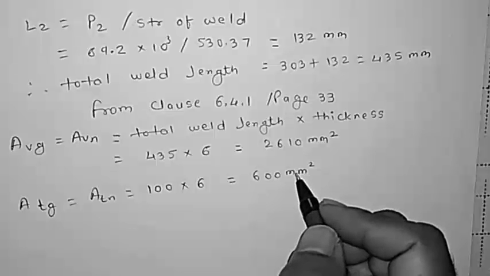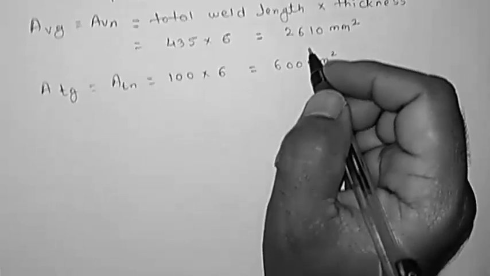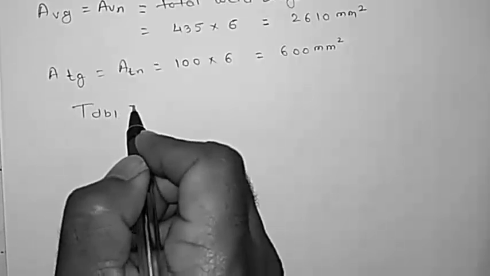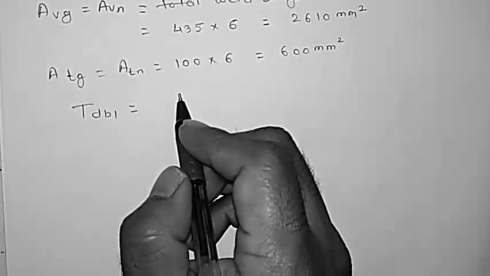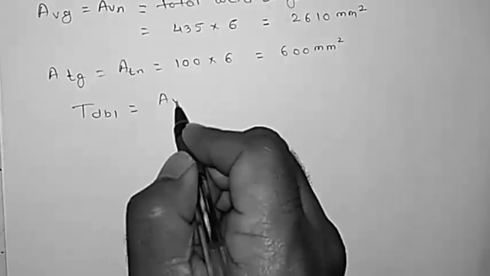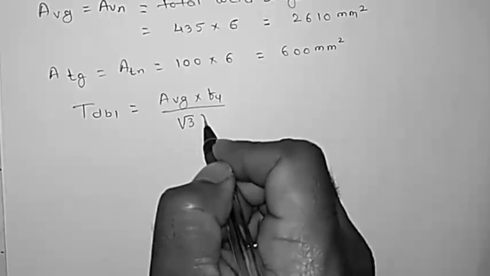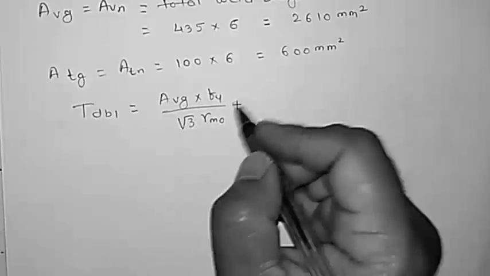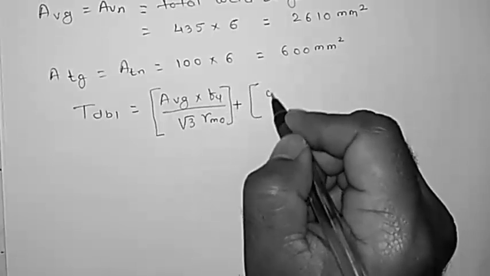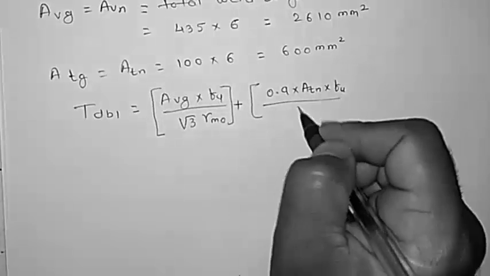And we know there are two formulae for calculation of block shear. So we'll go ahead with the TDB1. So TDB1, which is equals to AVG into Fy by root 3 gamma mo plus 0.9 into ATN into Fu by gamma m1.